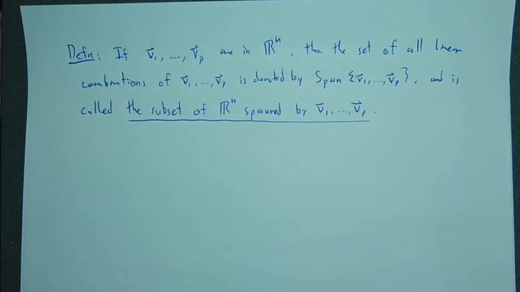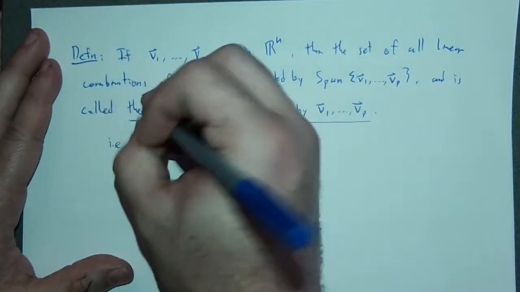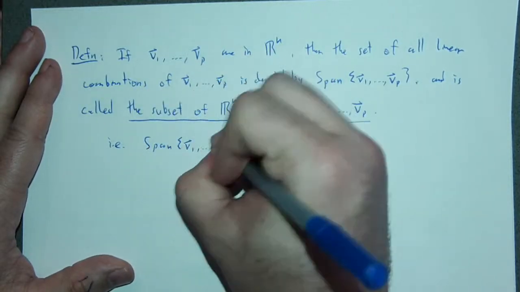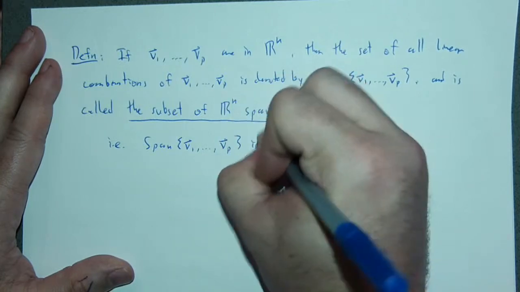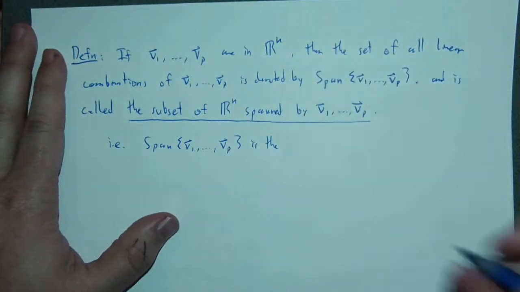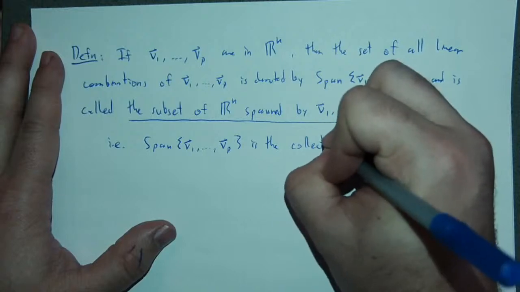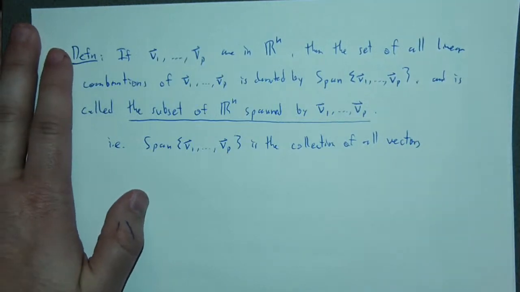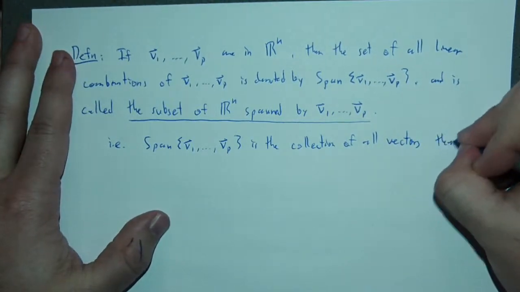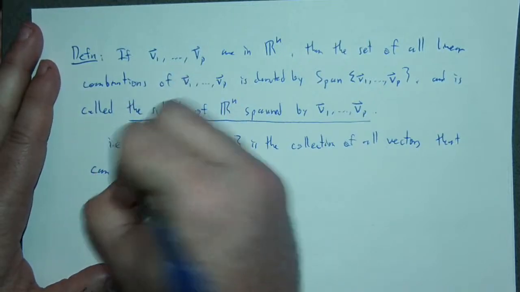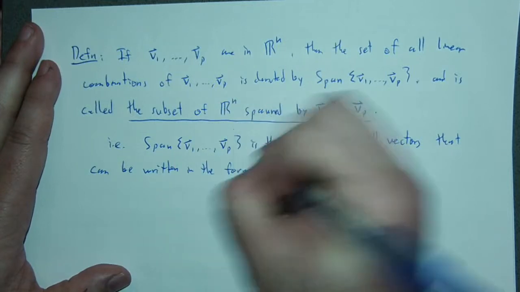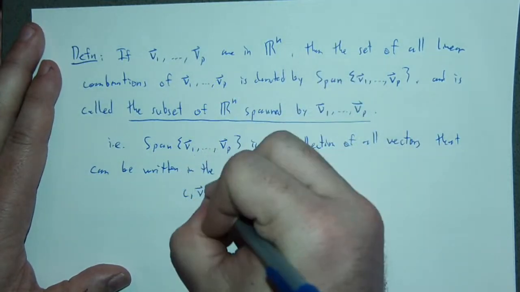So the span of a set of vectors is a very important thing. I.e., the span of v1 to vp is the collection, or the set, of all vectors that can be written in the form c1 v1.